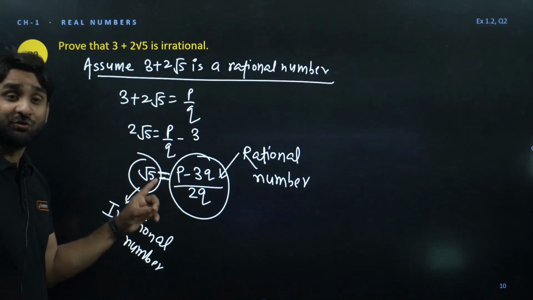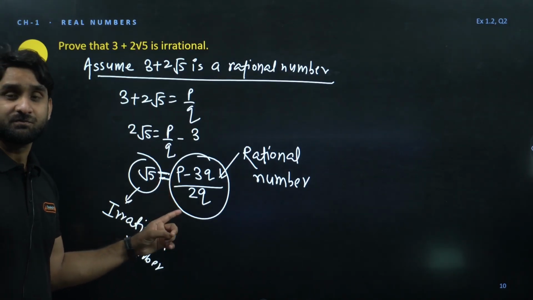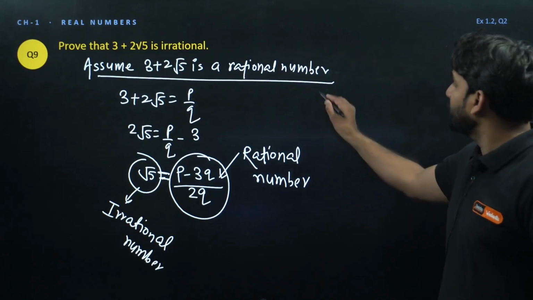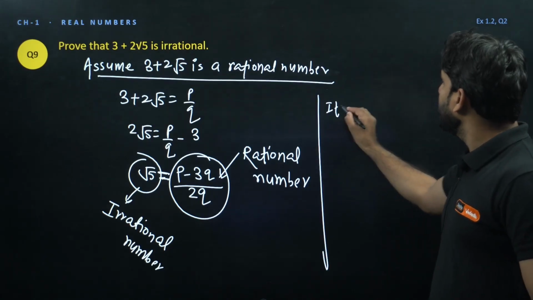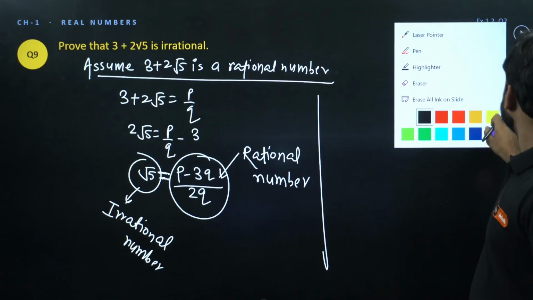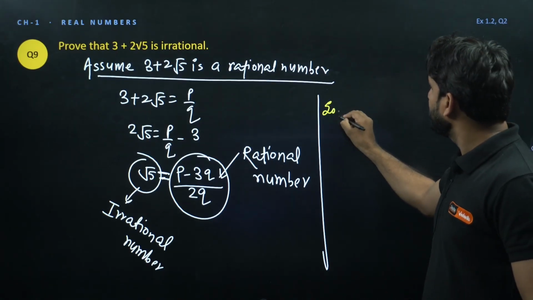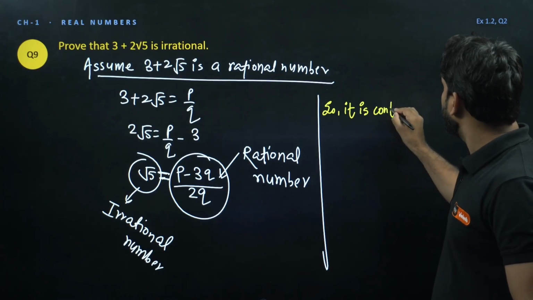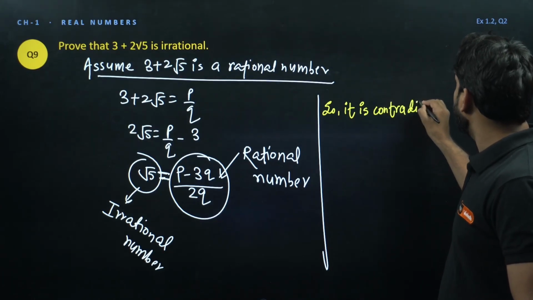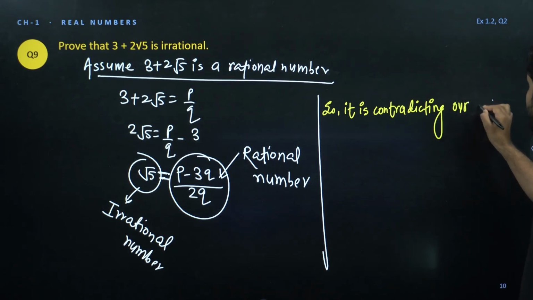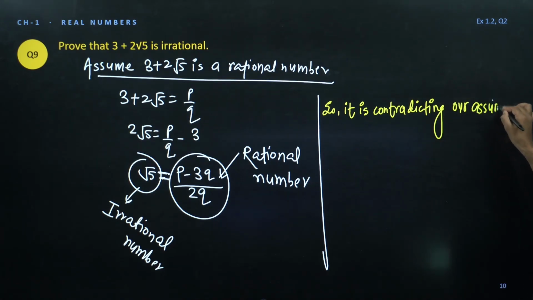So this is also violating the rule of maths. So this is a contradiction. Let me use another color. It is contradicting what, champions? Our assumption.